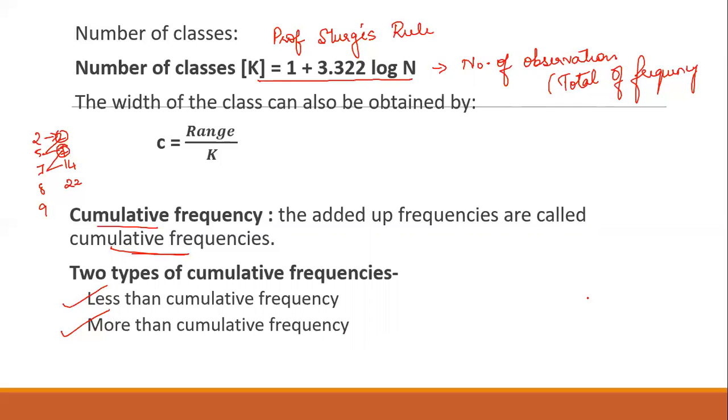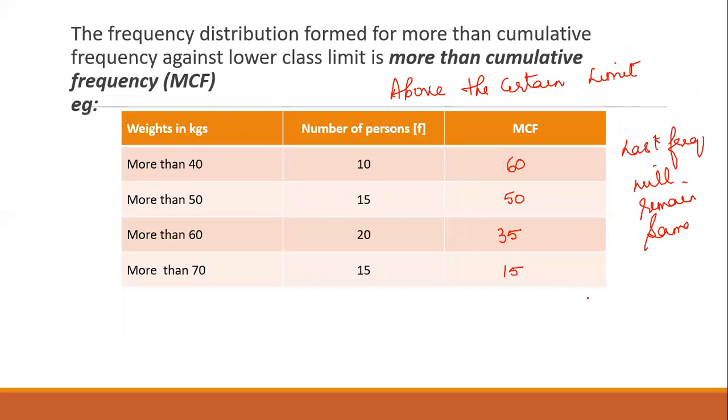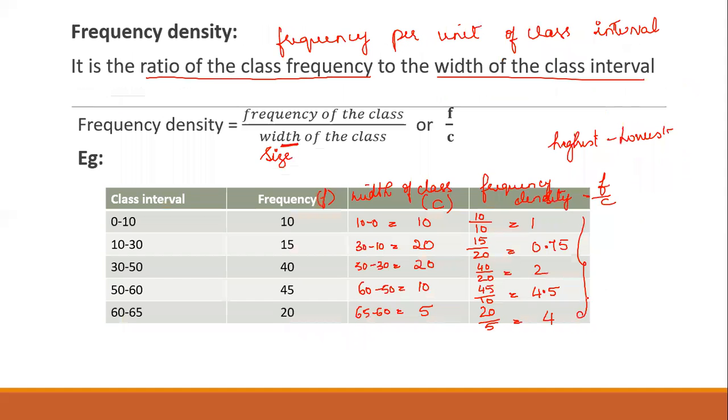For less than cumulative frequency, the first frequency of the given table remains the same, whereas later you add up the frequencies. For more than cumulative frequency, the last frequency should remain the same, equal to the frequency of the last group. So that is more than cumulative frequency.